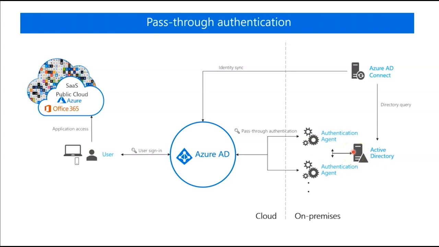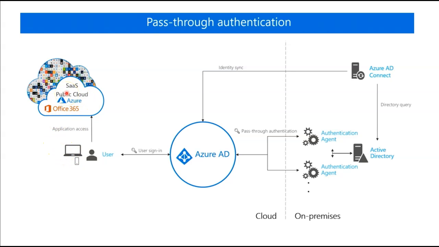The result of this authentication could be successful, a failed password, an expired password, or the user is logged out for some reason. That information is relayed back to Azure AD via the agent. If the authentication is successful, the user can access the application.